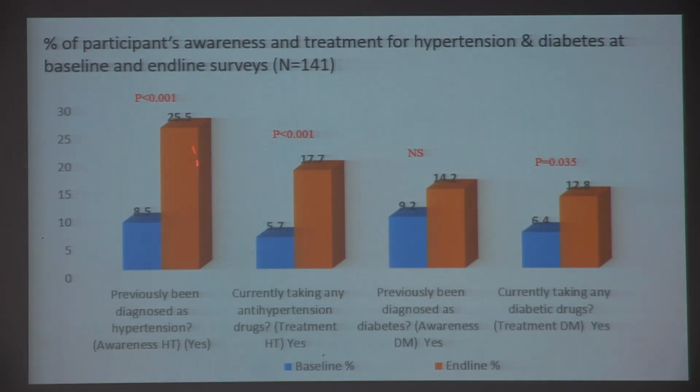This graph shows the awareness, behavior, and treatment for hypertension and diabetes at the baseline and endline survey. The left graph shows participants who answered, yes, I have previously been diagnosed as hypertension, I already know I'm hypertension. In the beginning, out of 145, only 8.5% knew they were hypertension.